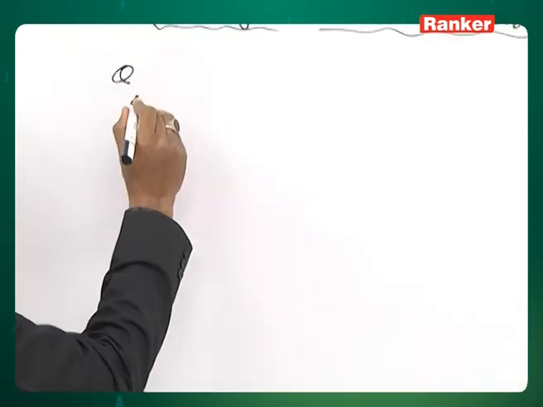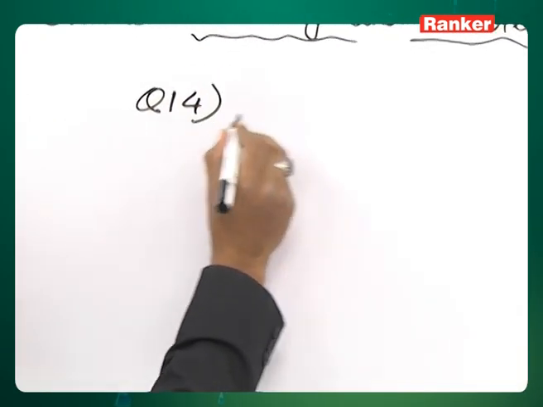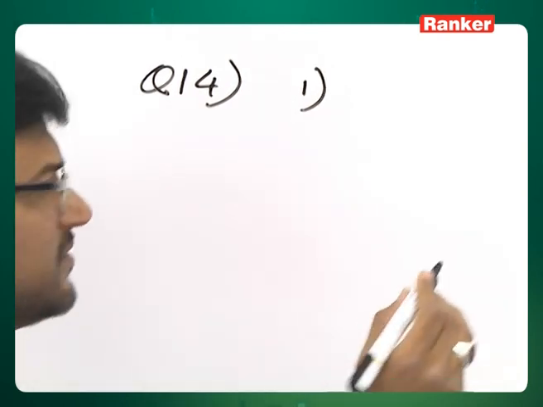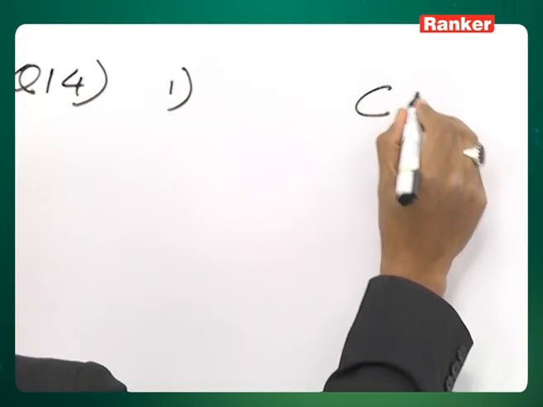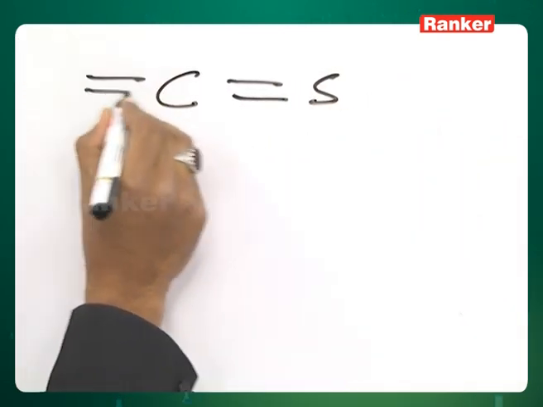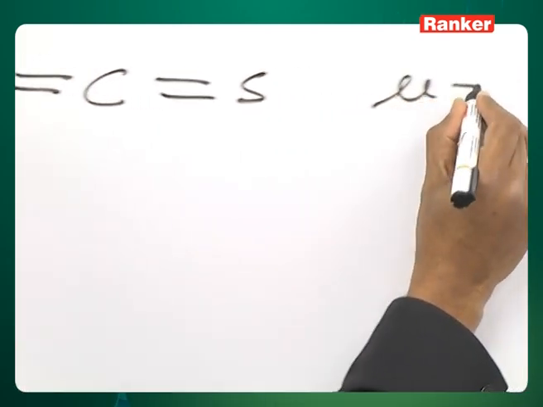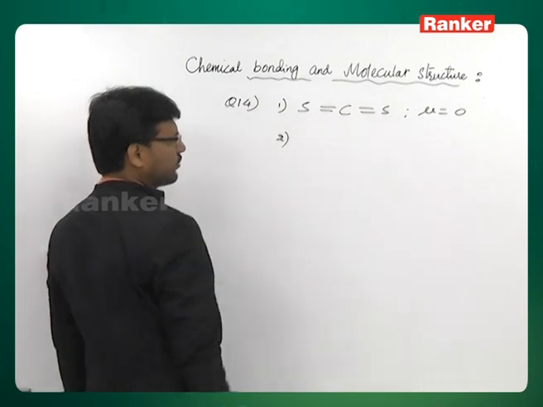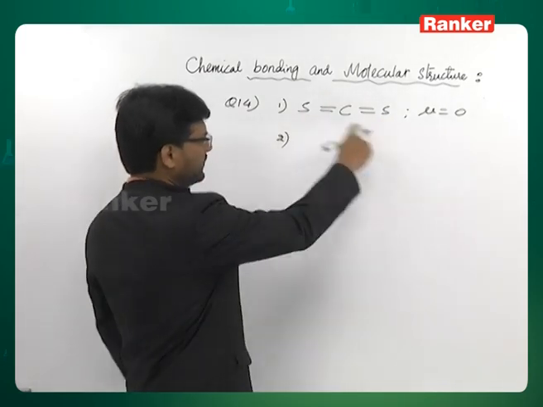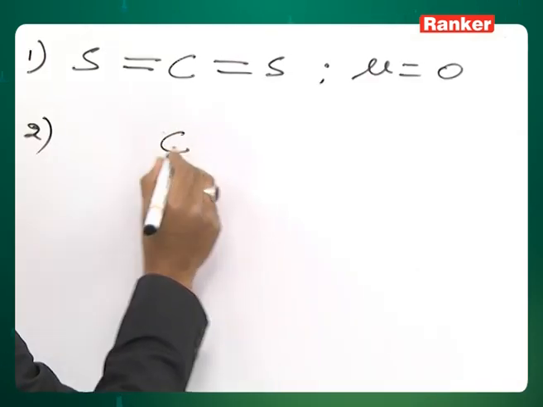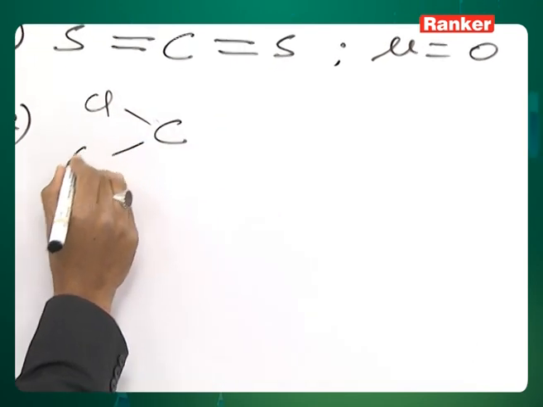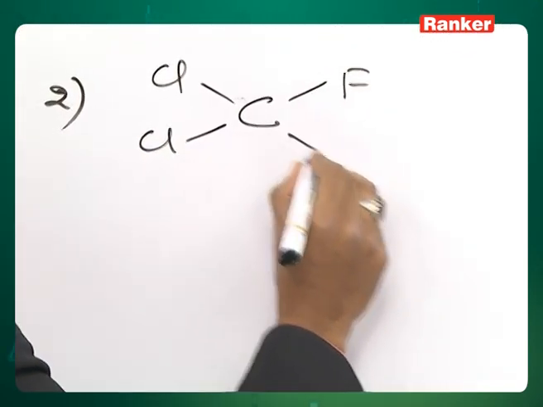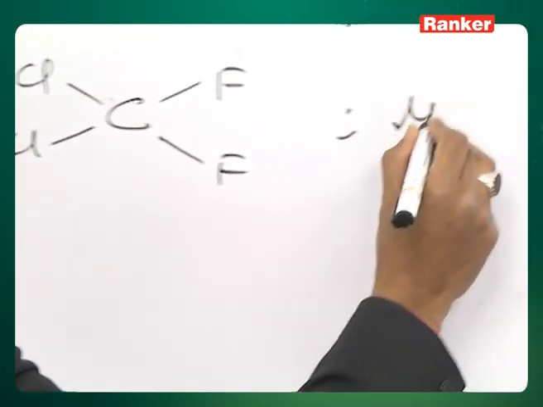Question number 14. CS2 has zero dipole moment. It is because of linear shape. Mu is not equal to 0.